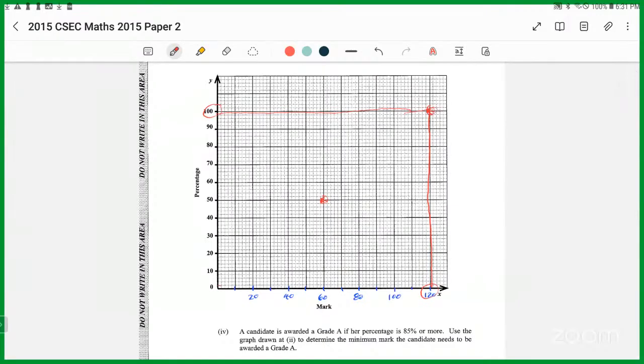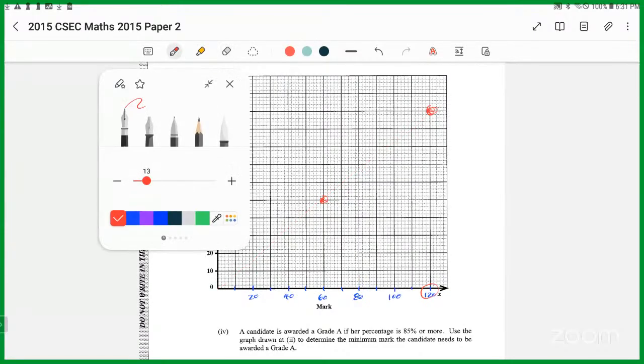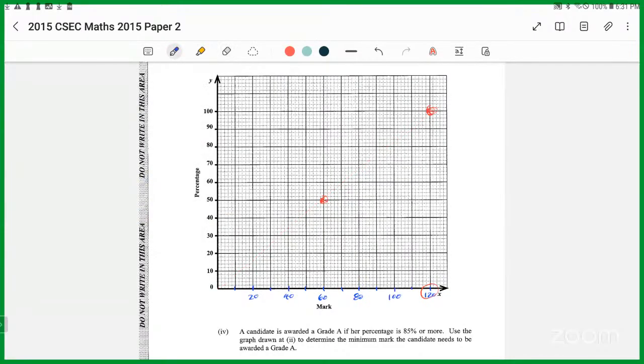And 0 marks is 0% naturally. So we're drawing a straight line right down the middle. That's our graph that I want. But let's put it in a different color. Let's put it in blue. So it will be a straight line right down the middle here.